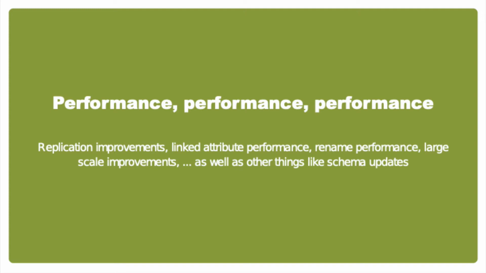Our linked attribute performance is significantly better, and it's still a cause of massive problems in our domains, but it's a lot better than where it was before. Rename performance: you can rename quite a large OU and not take days. Now it's hours. Well, we're hoping, but yeah. So there's definitely things we could do there, but we've improved a lot of things in terms of the large scale to make sure that they work. Maybe they don't work quite as fast as we'd like, but they definitely work.